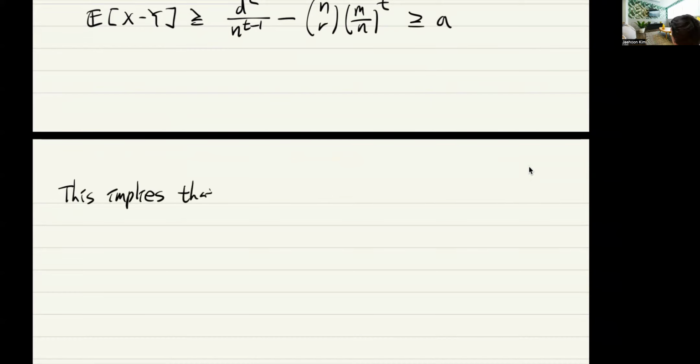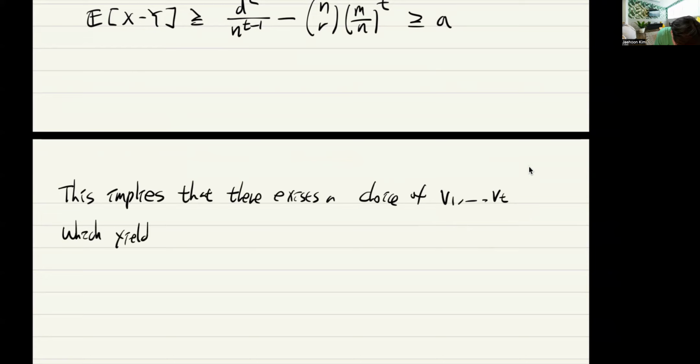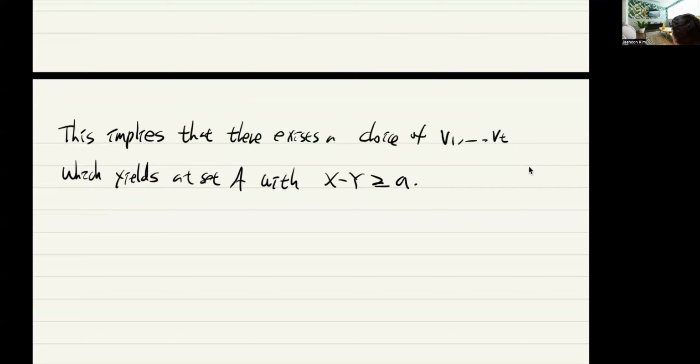It implies that there exists a choice of B1 to BT, which gives a set A satisfying this inequality.